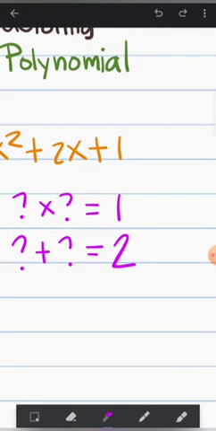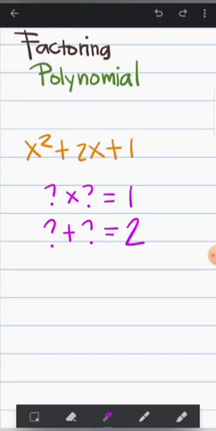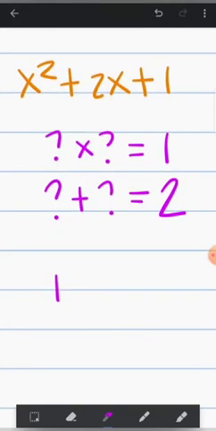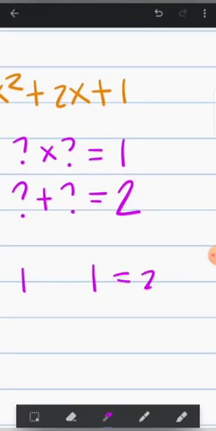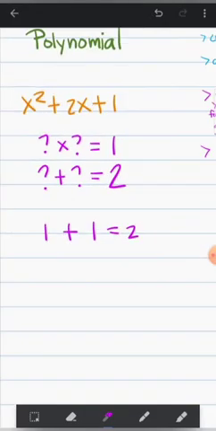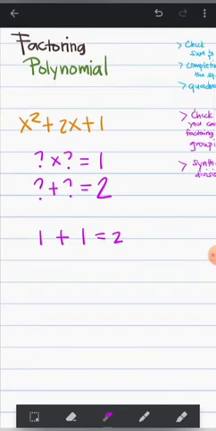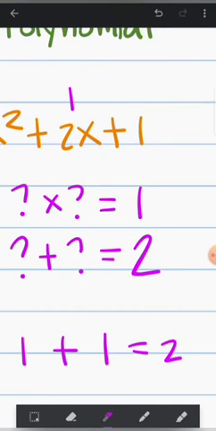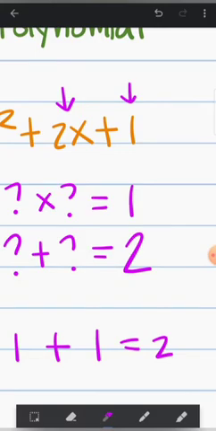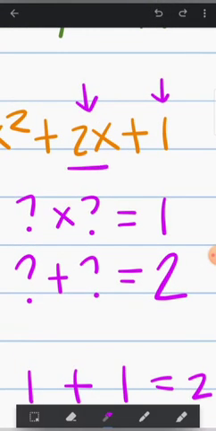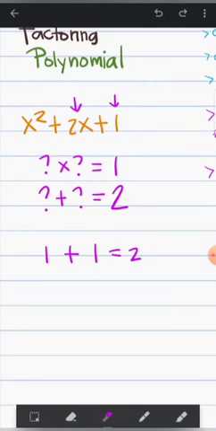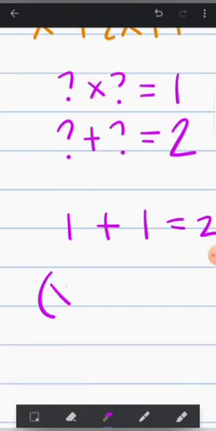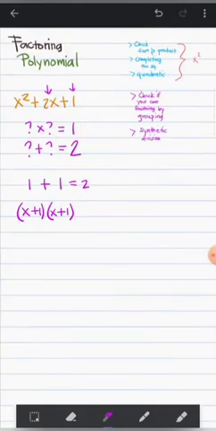What are two numbers that when you multiply will get to 1? It's only 1 and 1, right? And thus, how will you get 2? You just have to add the 1 and 1. So you have 2. Now that you satisfy these conditions, that when you multiply it will give you 1 and when you add will give you 2, you can now have the factors, which are x plus 1 and x plus 1. So as easy as that.